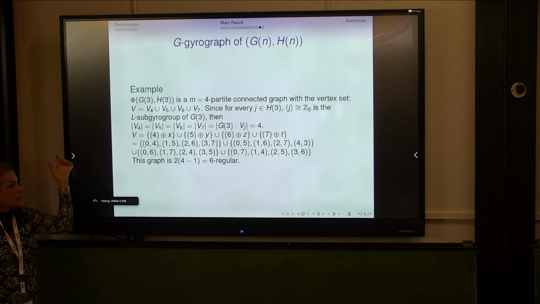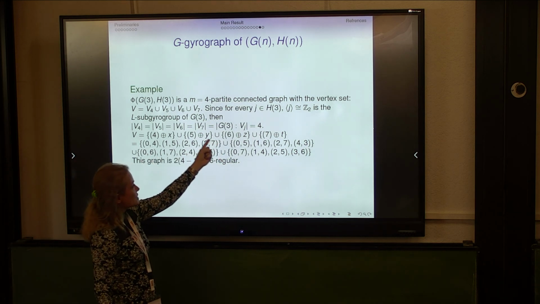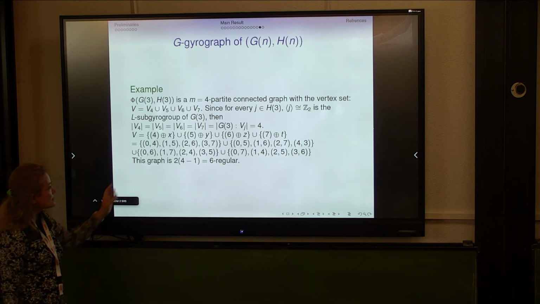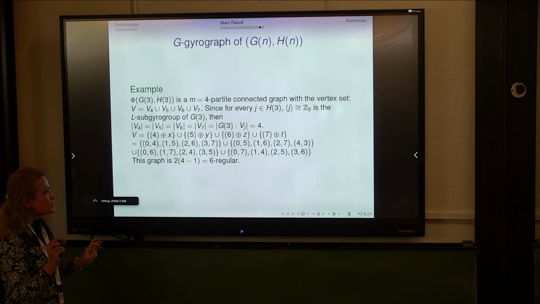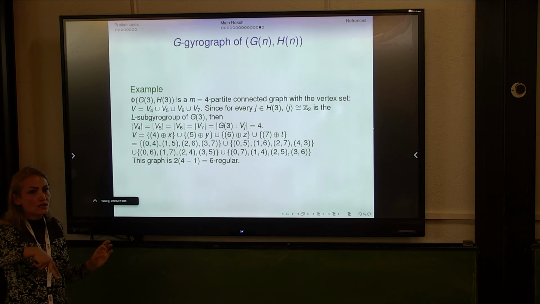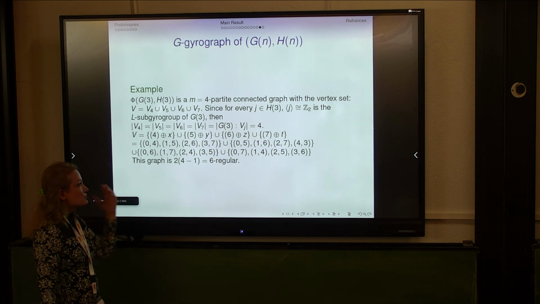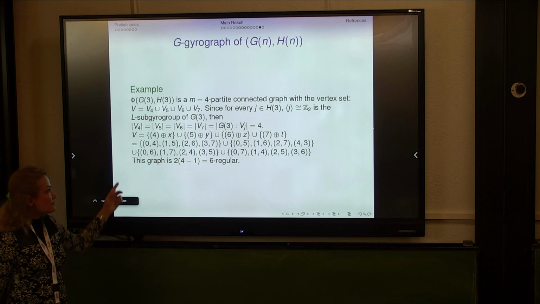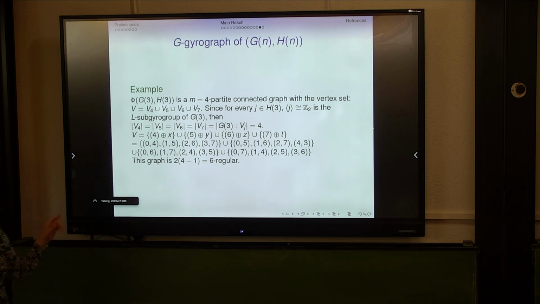Each part is of size the index of the subgroup in G3, which is equal to 4. You can see that all vertices are pairs. Each pair has exactly 2 elements in common with the vertices in other levels, so it would be 2 times m minus 1 regular, where m equals 4. Here that is 6.